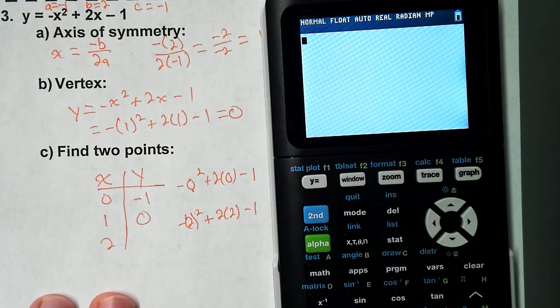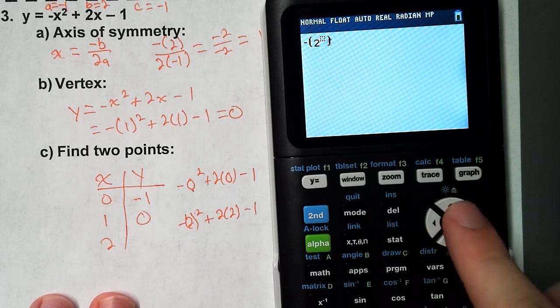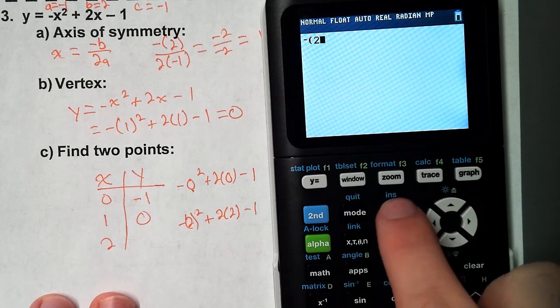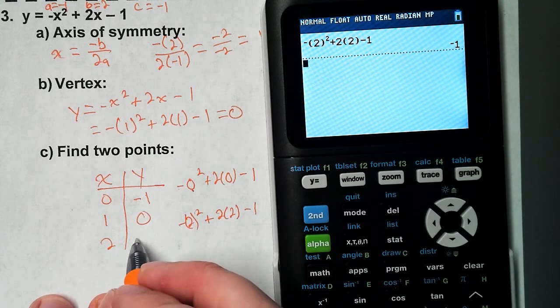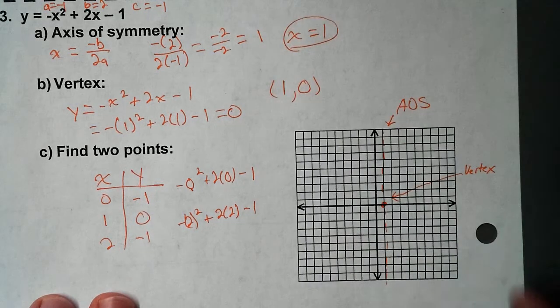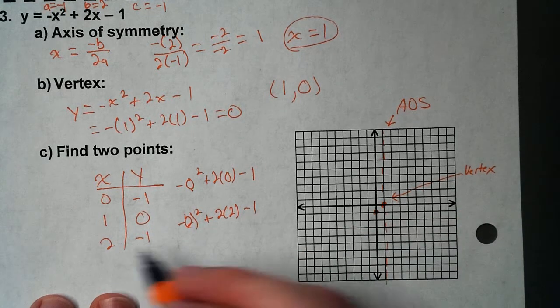So I've got negative, parentheses, 2 squared, close parentheses. Sorry, I put that squared a little early. Let's take that out and square that. Plus 2 parentheses 2 minus 1. When we push enter, we also get negative 1. So it's at 0, negative 1, and 2, negative 1.